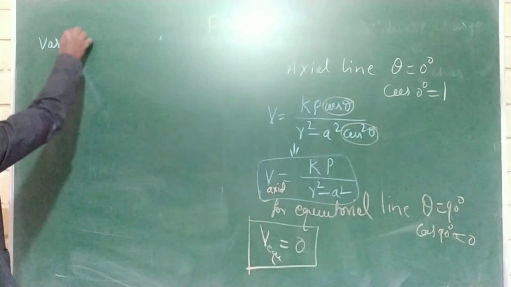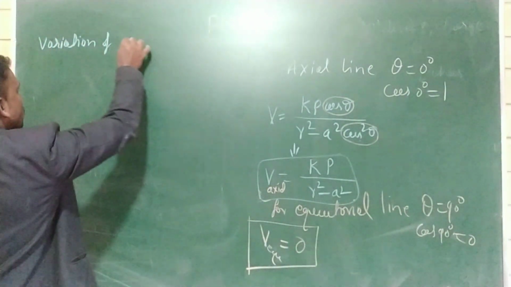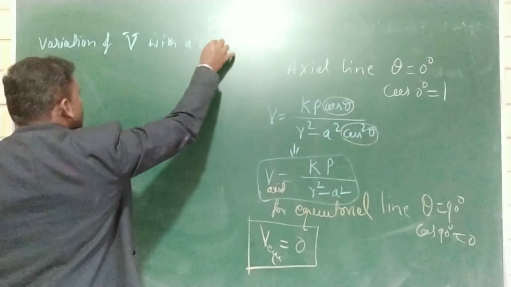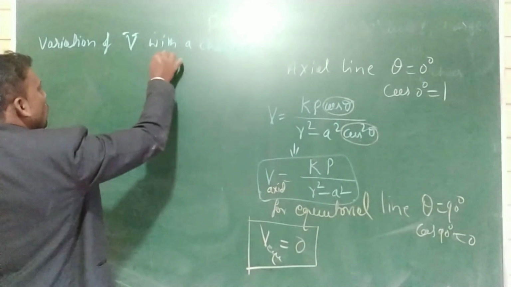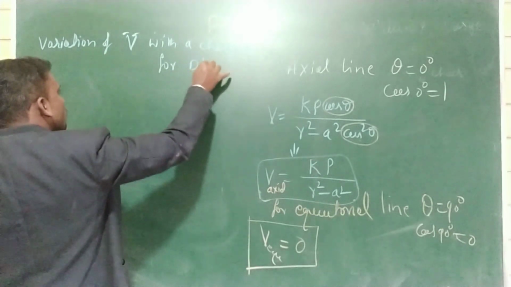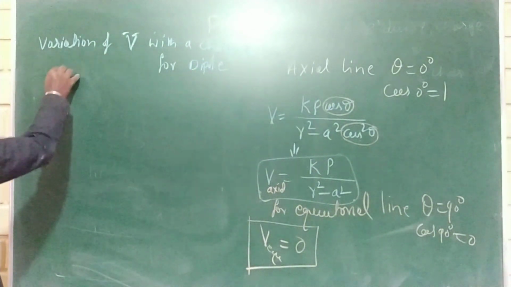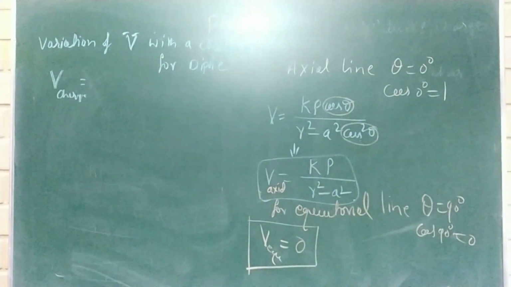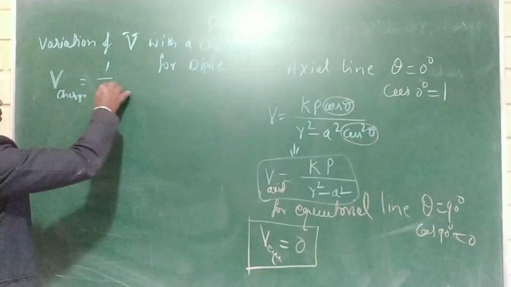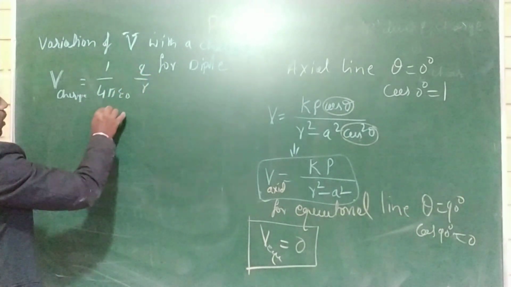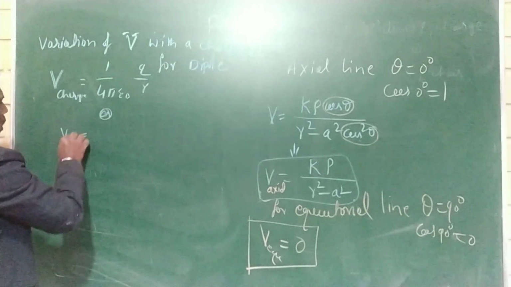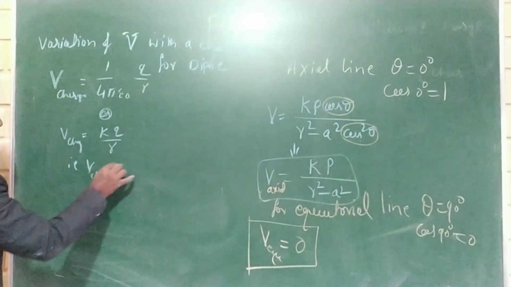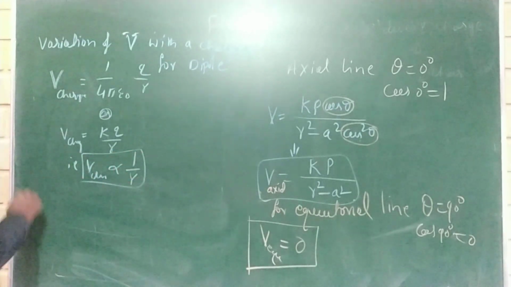For a charge, V is equal to 1 divided by 4 pi epsilon naught Q divided by r, that is V charge is equal to kQ divided by r, so V charge is proportional to 1 over r.